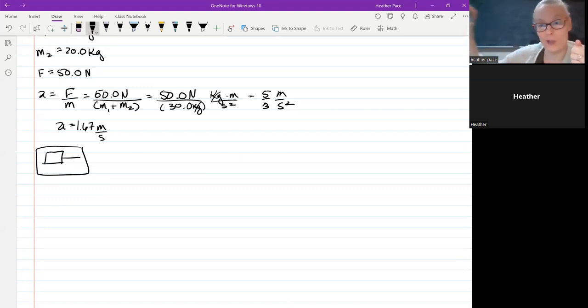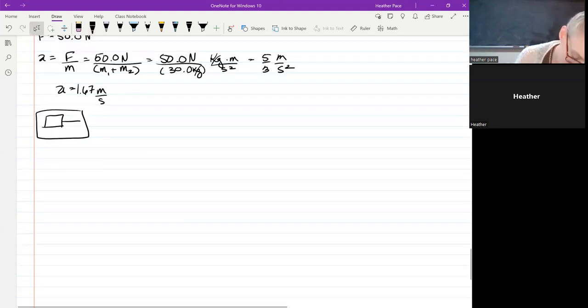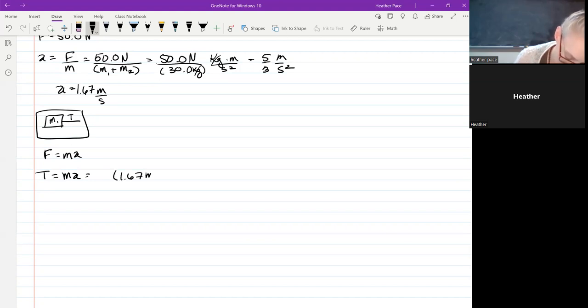Neglecting what's happening afterwards, just looking at that, we're going to have force equals mass times acceleration, where the force is just this T. So tension equals mass times acceleration. Acceleration we solved for last problem. And mass is 10 kilograms. So we end up with 16.7 newtons, and that's the tension.